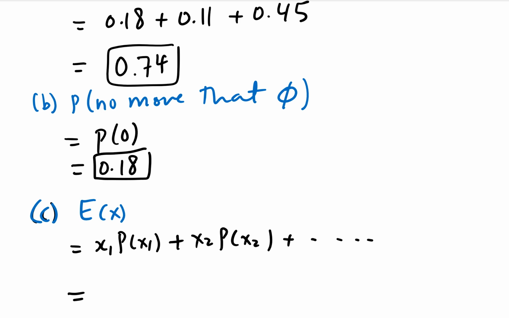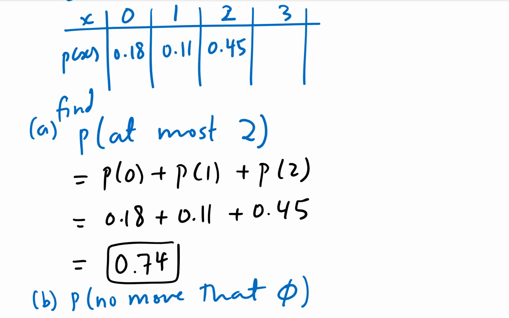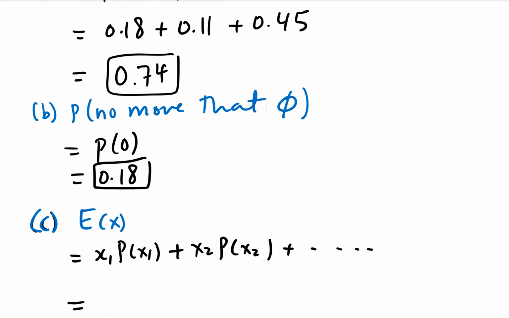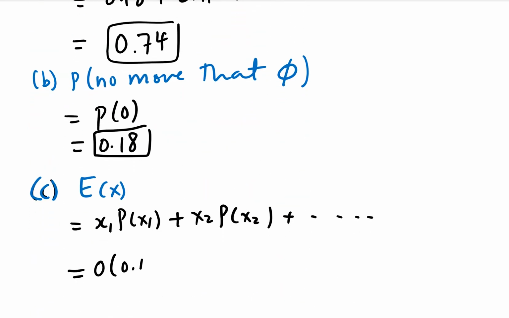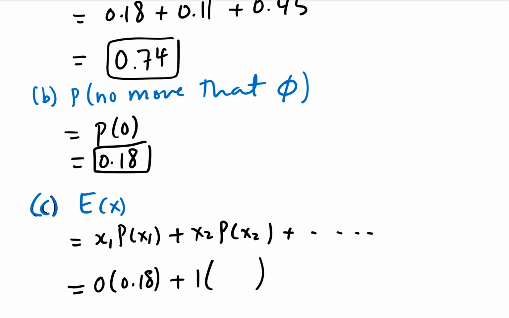So x1 is the first value in the table, which was 0. 0 times 0.18. The next one was 1 with the probability 0.11. The third one was 2 with the probability 0.45. Then 3 times some probability, which isn't listed in the table.